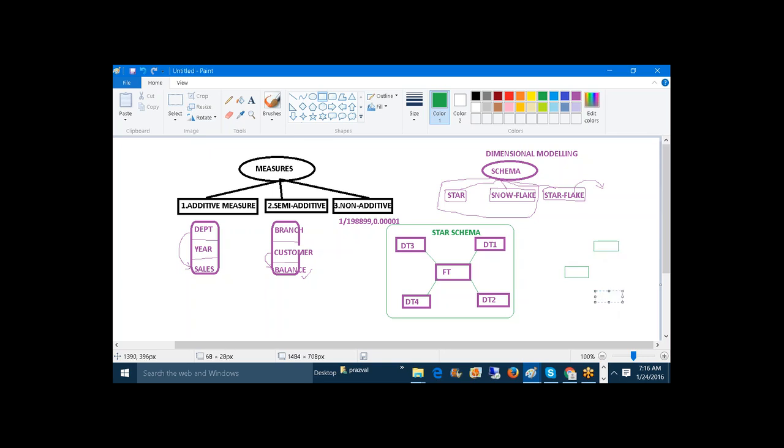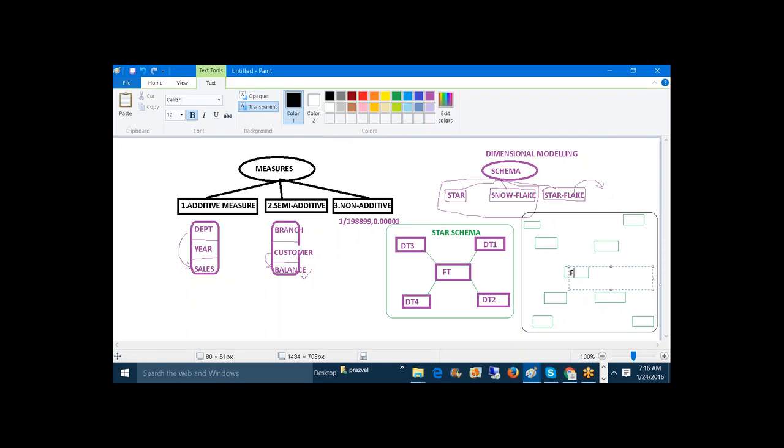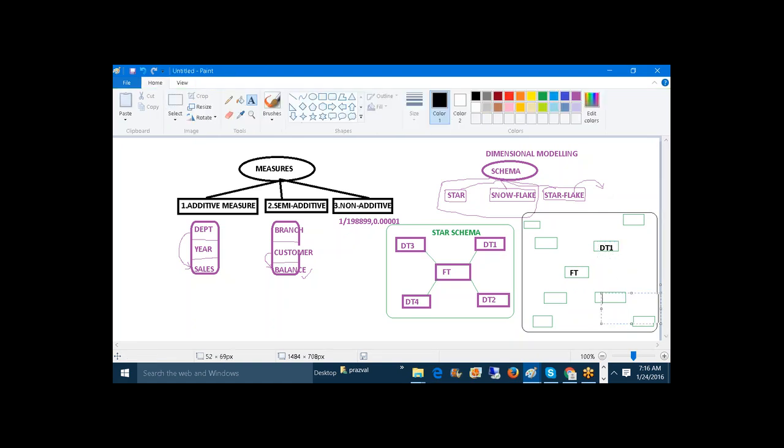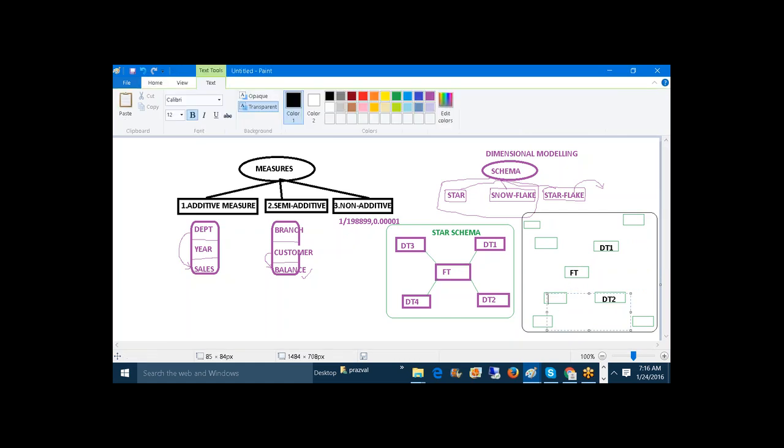We still have one centralized fact table, and the fact table is surrounded by some dimensions: DT1, DT2, DT3 and DT4.